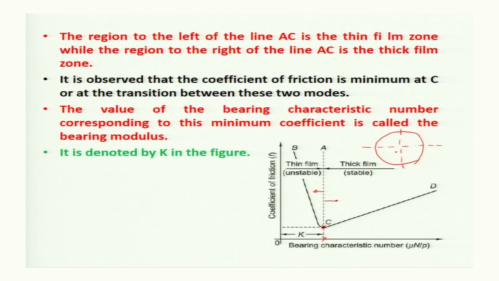and the journal is rotating in a clockwise direction, and so its equilibrium location, its center of location, is OJ, O journal, and this is OB, and joining these two is the line of centers, and your journal will be something like this. This is your journal. So you have taken some lubricant, and that lubricant is filled inside this space.